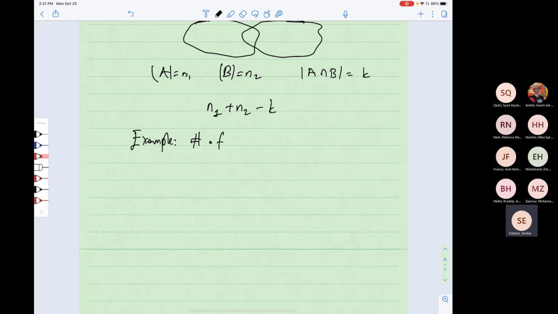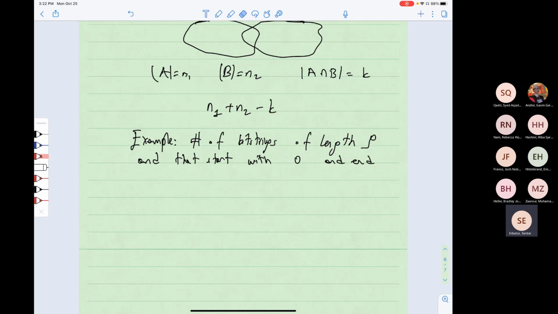So, number of bit strings of length 9 that start with 0 or end with 1 1.